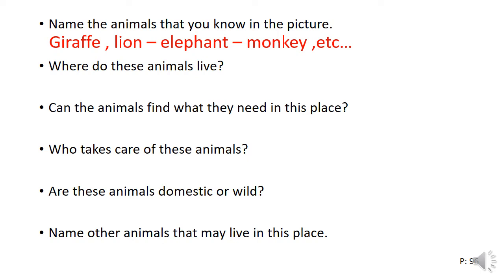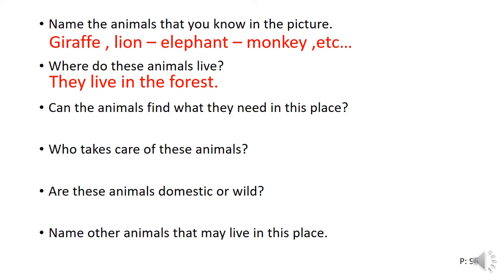Where do these animals live? Who lives in the forest? These animals. That is the title for this picture or this page. We see elephant, giraffe, lion, tiger, any animal. So, where do these animals live? They live inside the forest.